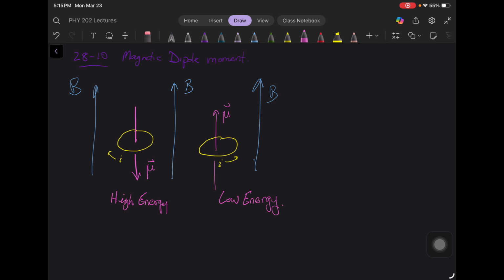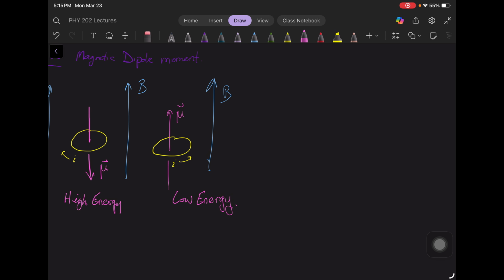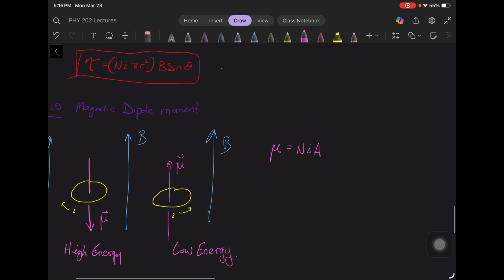And so we're given mu is equal to N i times A, right, the area of that little loop of wire, which we can use this definition up here.